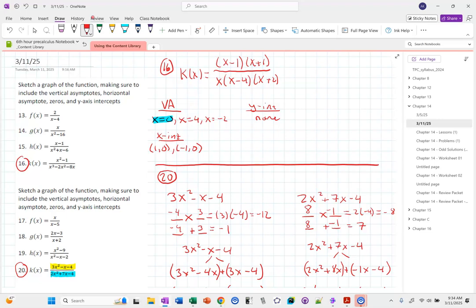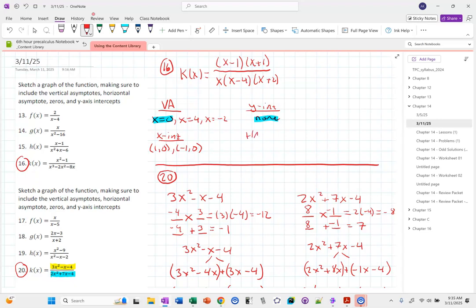So there is no y-intercept because I have a vertical asymptote where x equals 0, right? I can't have a y-intercept because the graph can't cross a vertical asymptote. Everybody's good there? If you plugged it in, you would have just gotten an error on your calculator. That's okay. It probably just means you plugged in something where you have a discontinuity.